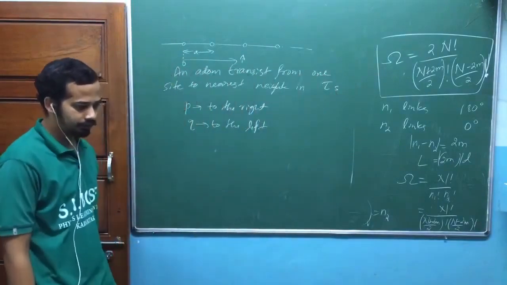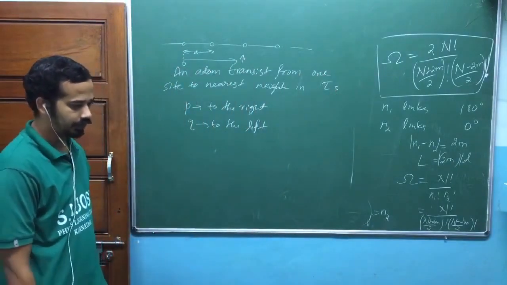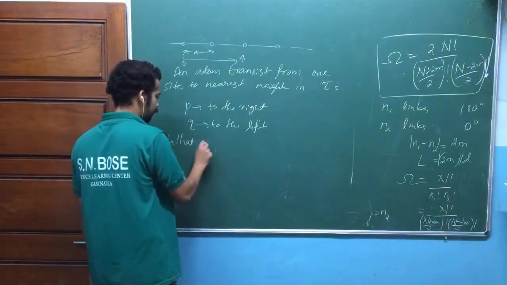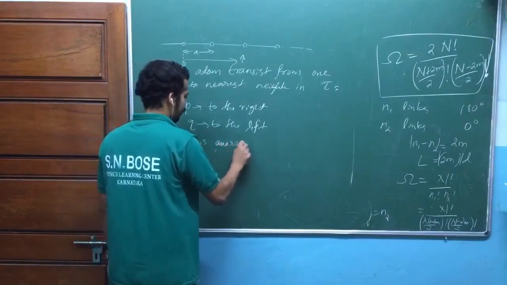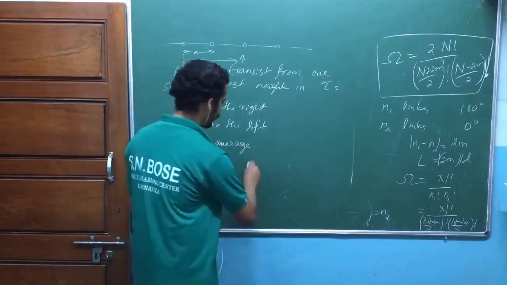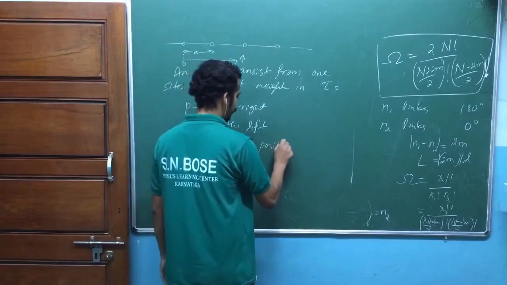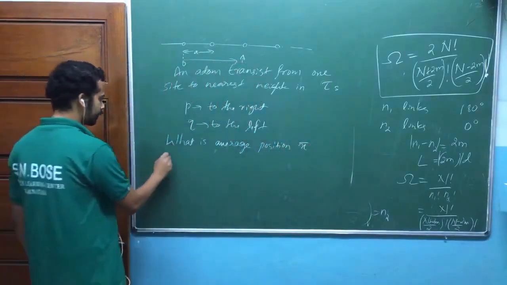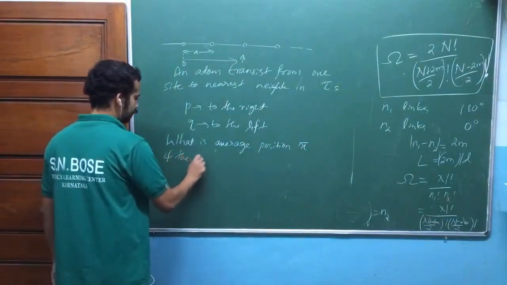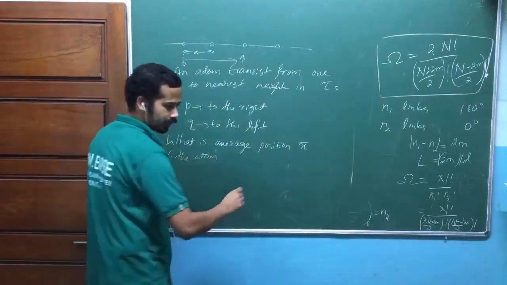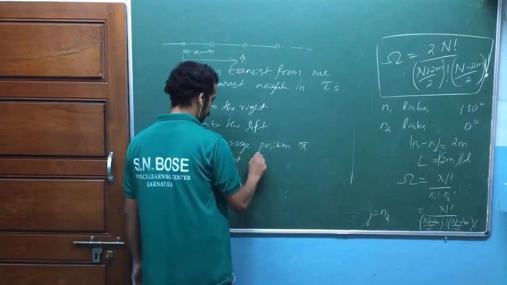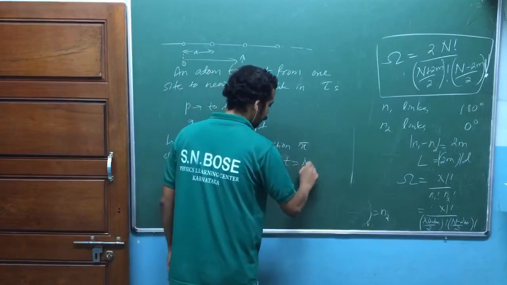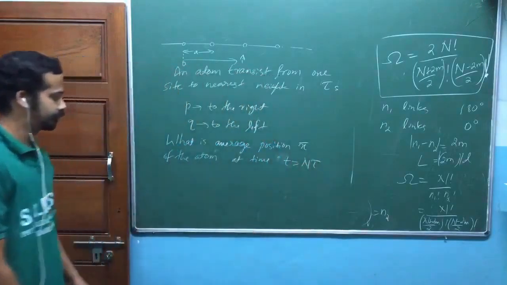What is the average position x bar of the atom at time t equal to n times 2 seconds?